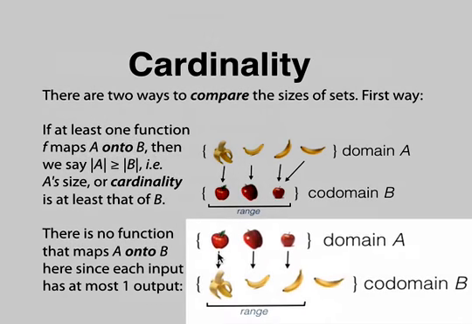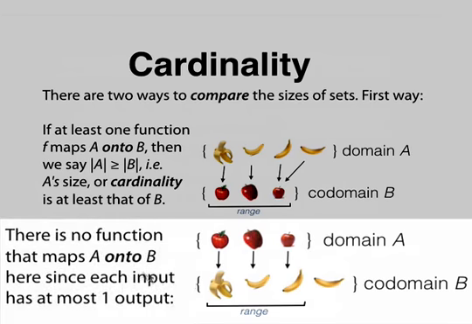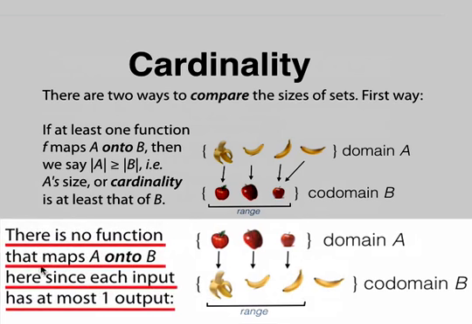Over here, look at this. Are there at least as many apples as bananas? No. And so you won't be able to find any function that maps A onto B. Because whatever way you map, there's always going to be at least one banana that's not in the range. The range will never be the whole codomain. Why not? Because for every input, you can have at most one output, right? And so there are simply less inputs than there are outputs.